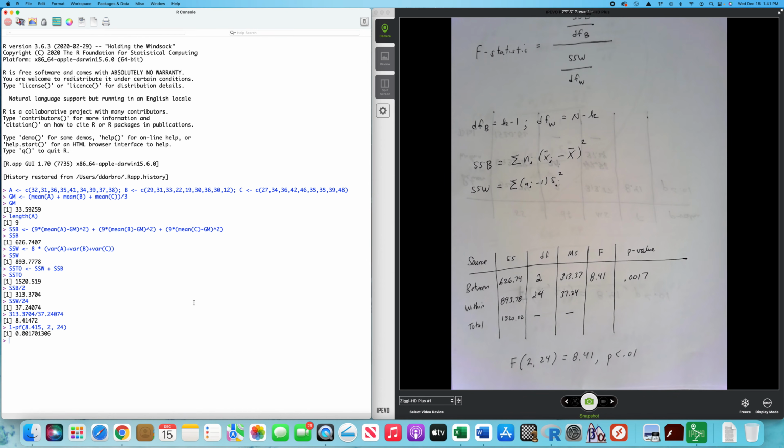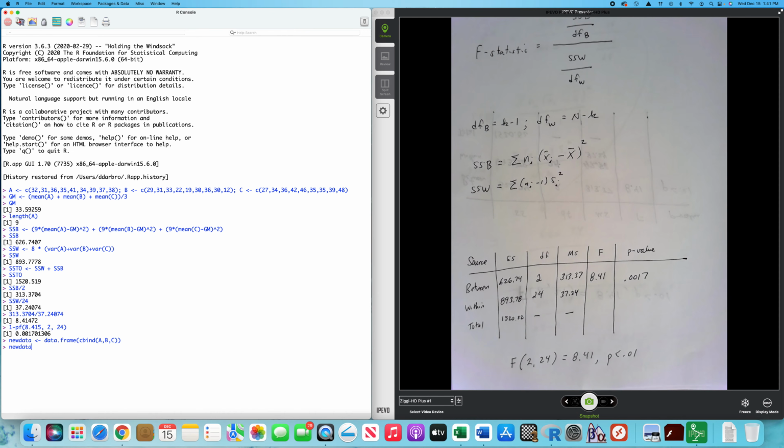Okay, so the first thing I would probably want to do is just create something. I'm just going to call it new data because I'm not that clever with naming things. And I would create a new data frame, and I would bind or kind of mash together the variables A, B, and C, which are the professor scores.